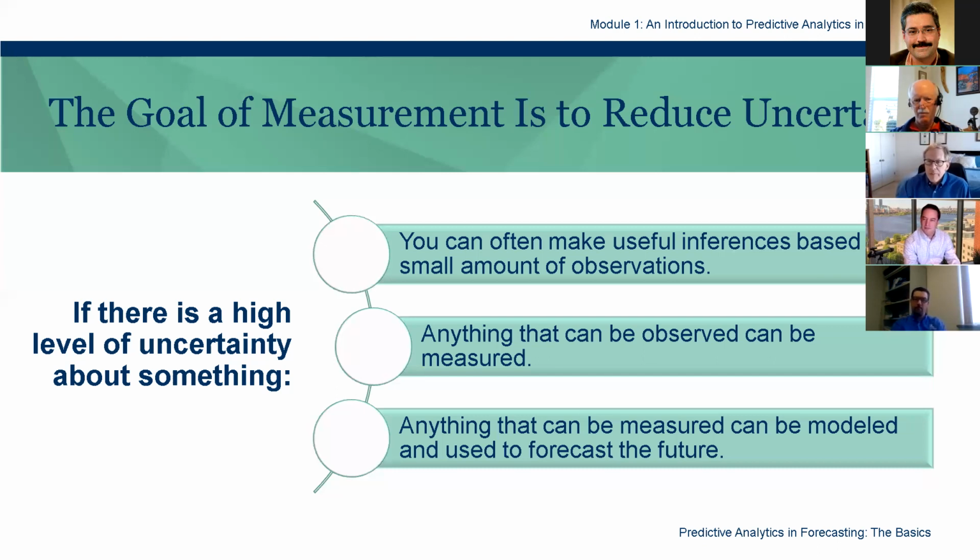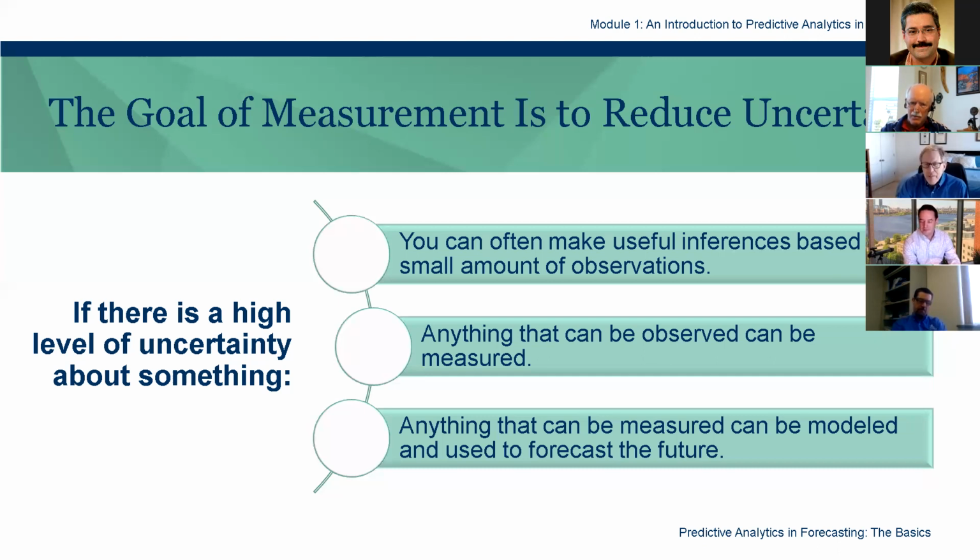The main message I'd like to suggest today is that measurement is really about reducing uncertainty. If we look at it that way, then essentially anything can be measured. You can often make useful inferences about things based on a small amount of observations, and anything that can be observed can be measured.